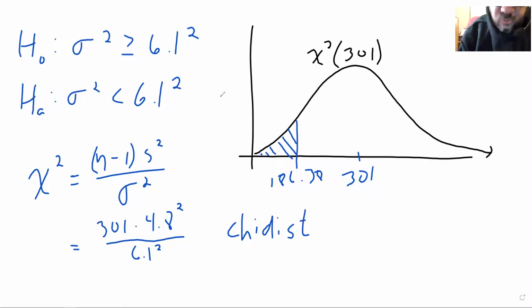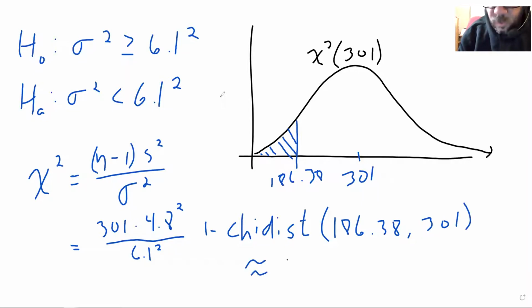So it's 1 minus chi dist of 186.38. My 8s are looking especially bad today with 301 about equal to, well, I'm just going to use scientific notation.